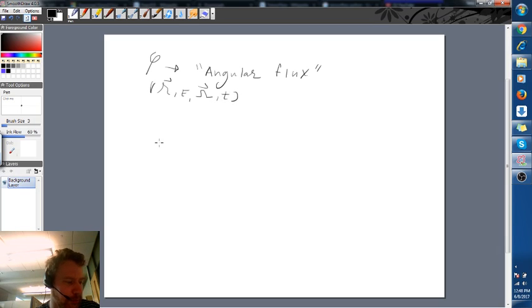And what we could do, for example, is integrate the angular flux over the domain of all the directions.